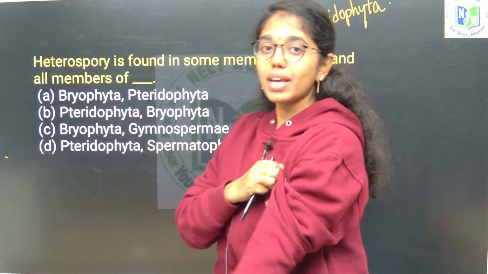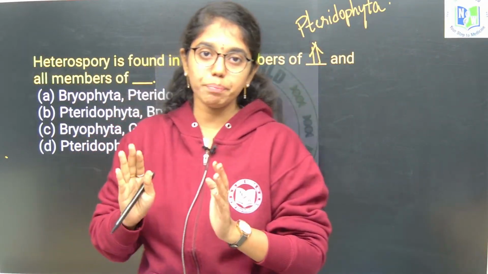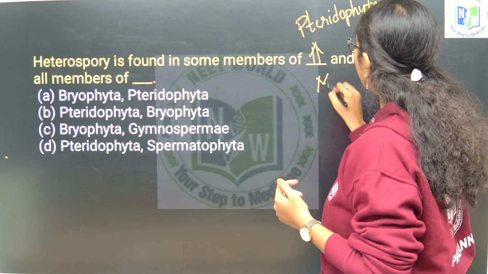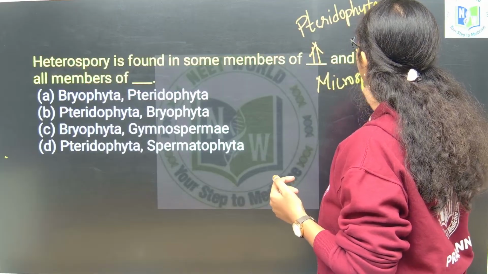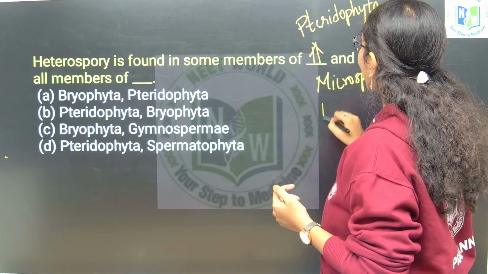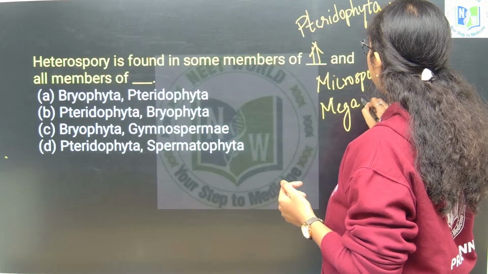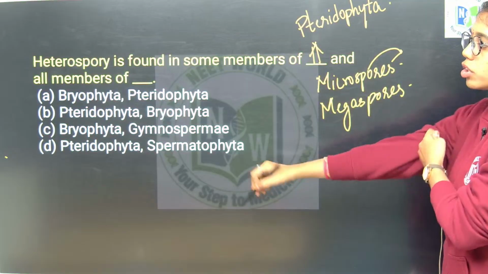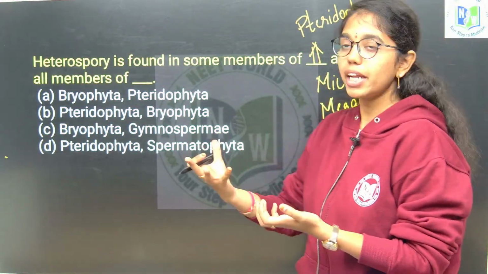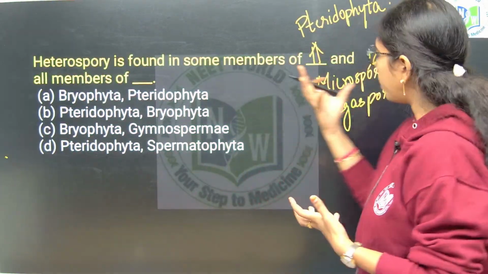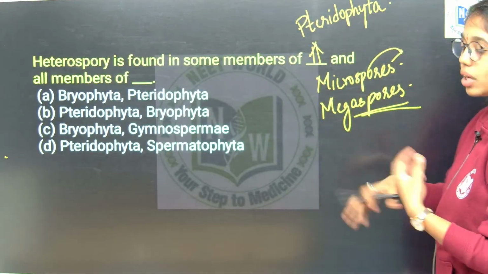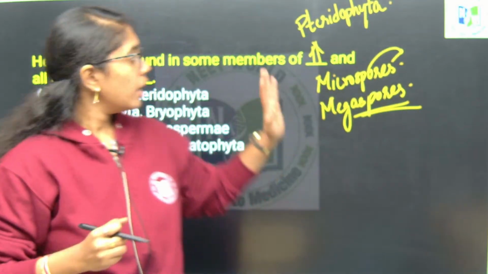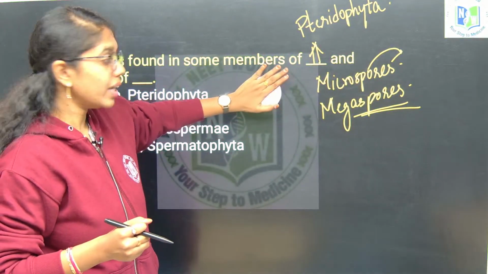In bryophytes you can see all spores are alike, simple, but in pteridophytes you can see two different types of spores: microspores producing male gametes, megaspores female gametes. Microspores landing onto suitable substrata will develop into a male plant body, and megaspores landing onto suitable substrata will develop into a female plant body. The heterosporous condition is first observed in pteridophytes.